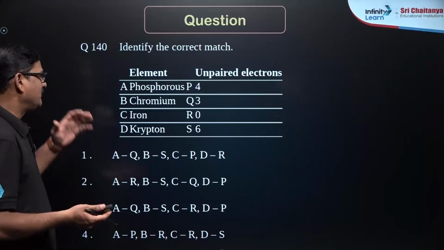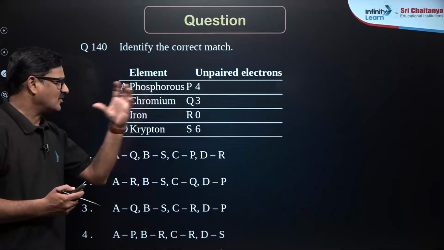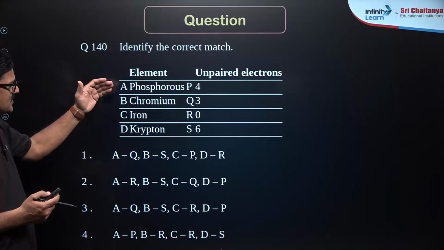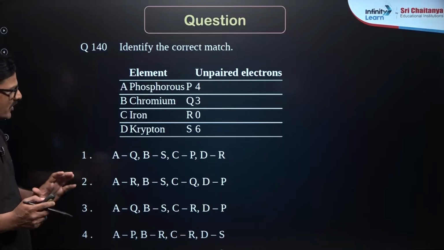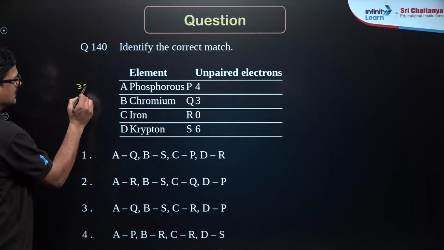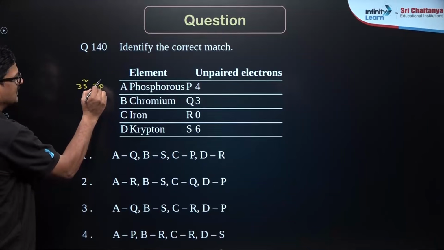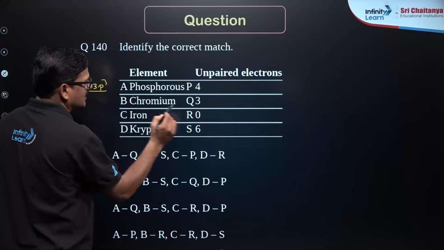Moving ahead here, elements are given, and the number of unpaired electrons has to be written: phosphorus, chromium, iron and krypton. You are going to see here, phosphorus is going to be 3s2, 3p3, so 3 unpaired electrons are there. A is going to be 3.